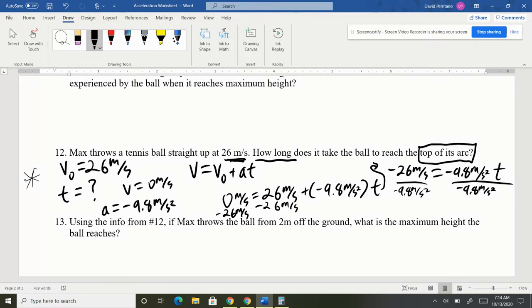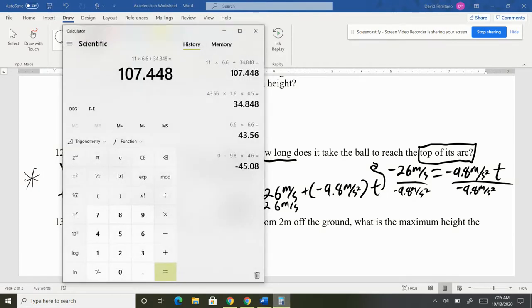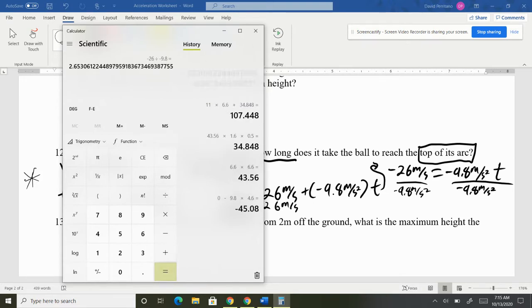So pull up our calculator. And we would do negative 26, and a negative divided by a negative is a positive. So keep that in mind. So negative 26 divided by negative 9.8 gets you a positive 2.7.